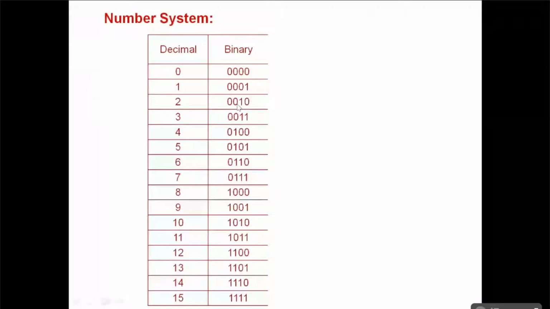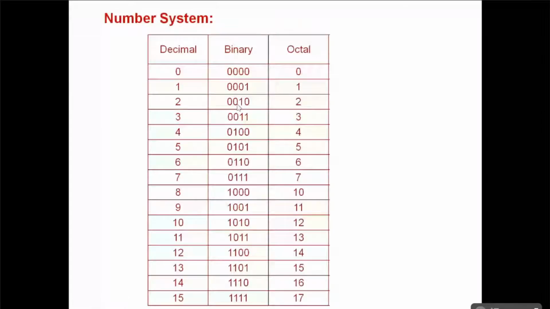Then the next one is octal. Its base is 8 because it consists of 8 digits from 0 to 7. In order to represent the number 8, we are using 1, 0. Why is it 1, 0?